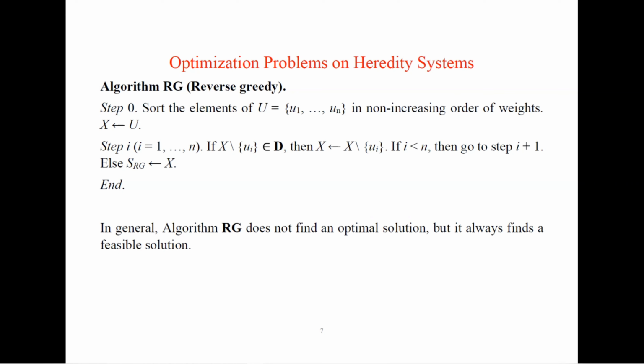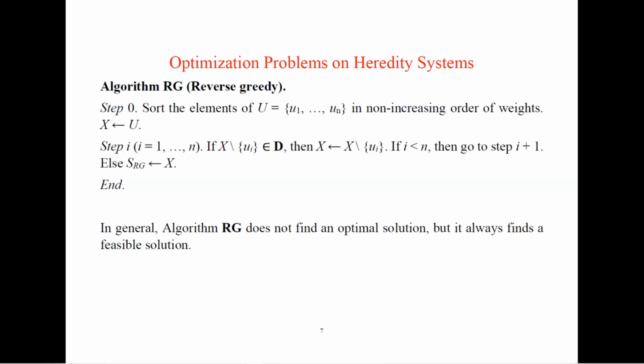So what you should do: at step 0, you sort the elements of your initial set in non-increasing order of weights, and the initial solution is all elements of U. On each step we try to exclude the element with index i from our current solution, and if we can exclude the element and our solution is still independent, then we exclude it.